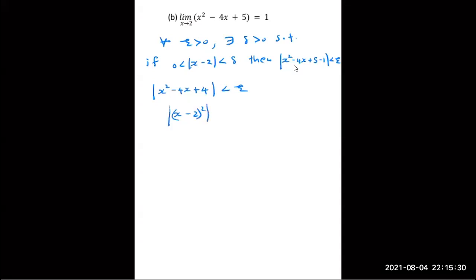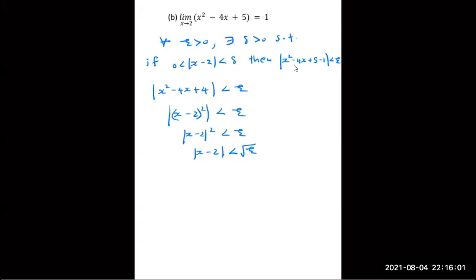The absolute value of that less than epsilon. Now, this is same thing as absolute value of x minus 2 squared less than epsilon. I can put this square outside. Both of these numbers are positive numbers. So if you take the square root of both sides, you get absolute value of x minus 2 is less than square root of epsilon.